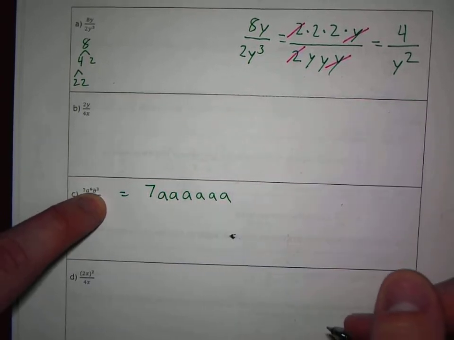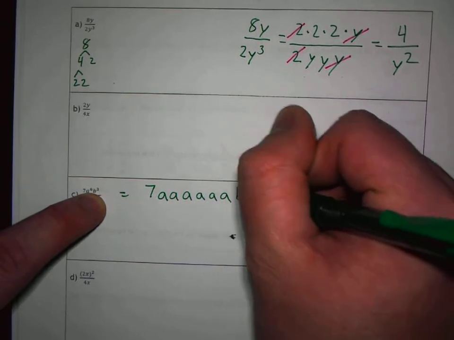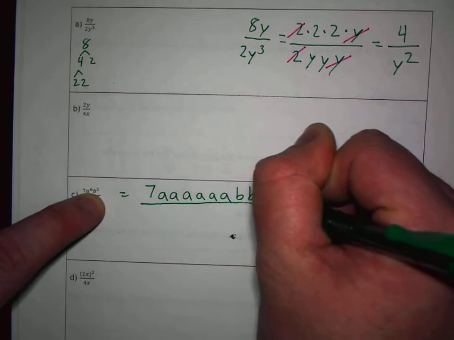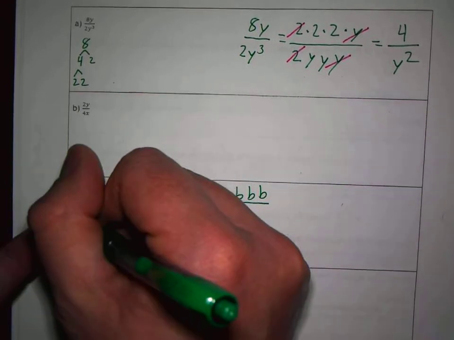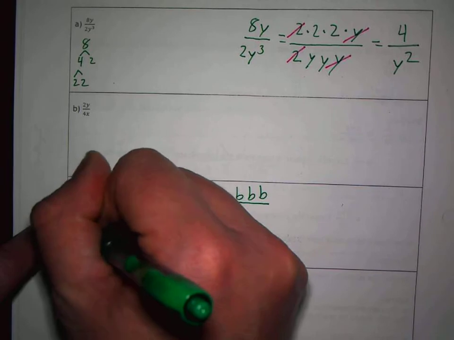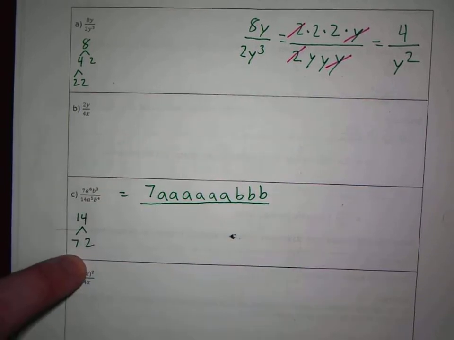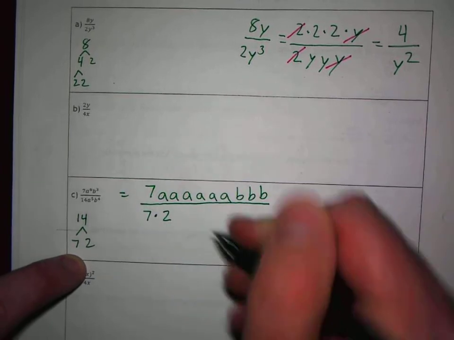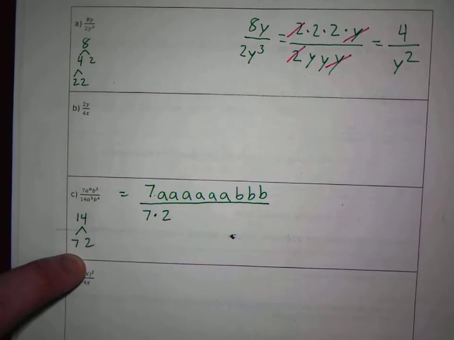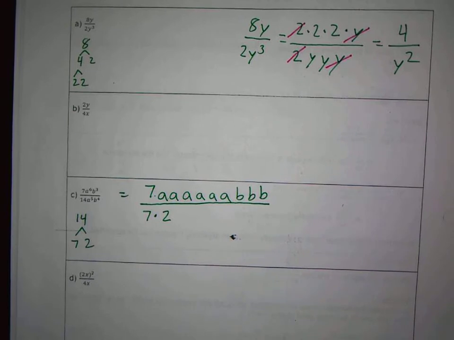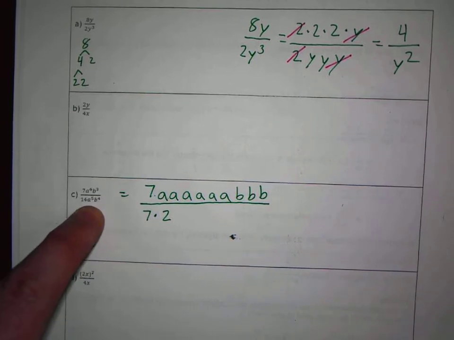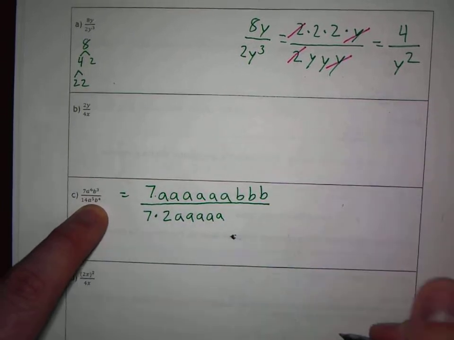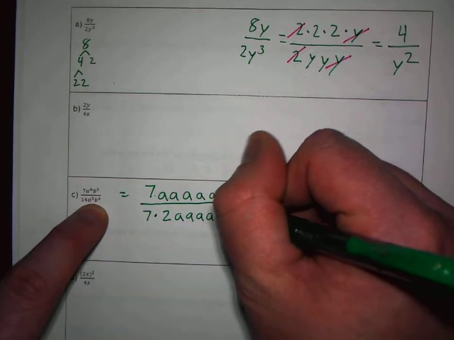And B to the 3rd, that means B 3 times. 14 breaks into 7 and 2, and it doesn't break up any more than that. And I probably should have put times symbols in there, but when you write them next to each other, it means times. And then A to the 5th means 5 A's. And B to the 4th is 4 B's.